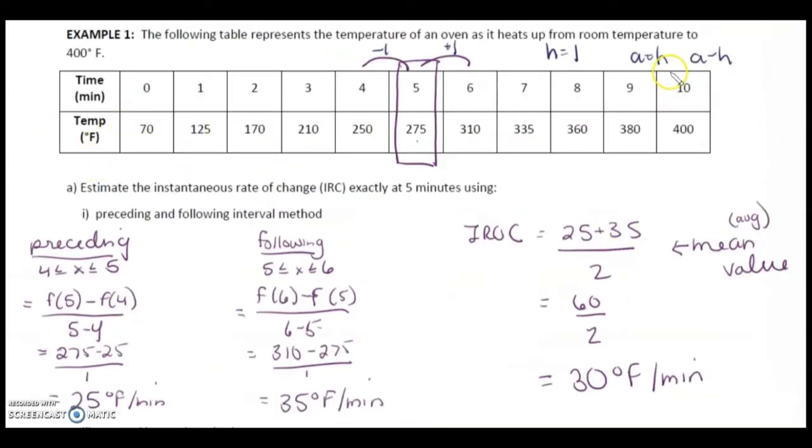So when we look at 10, there's nothing following. In this case, we're going to do strictly preceding. It's going to be the difference of 9 to 10; you just say the difference in the x's.